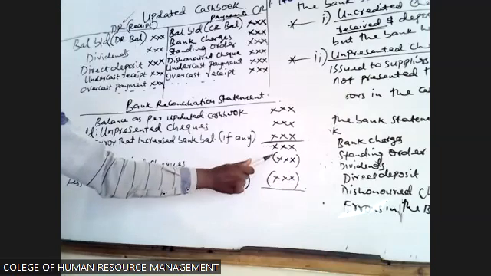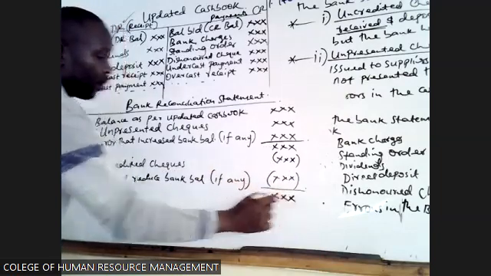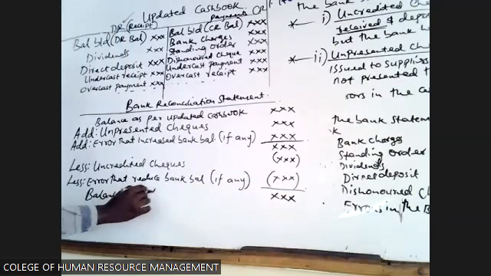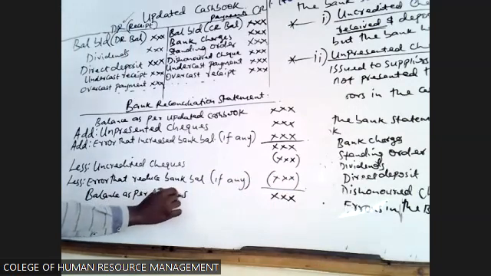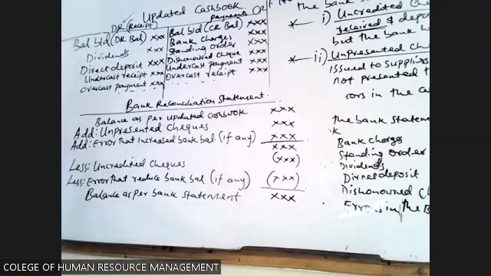When you get this figure, you rest this and you rest this, you will get a certain figure here, which is now going to be the balance as per bank statement. The balance as per the bank statement.